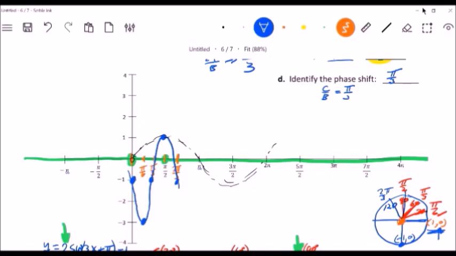Now we need to do 2 of them, so this one and this one are like the same, so I need to find this one, which would be, oh, now I'm going to need to find my next 30 degrees. So I need to go 30, 30, another 30, and another 30, which means for this one, I would essentially double 2 pi over 3, so it's going to be 4 pi over 3.